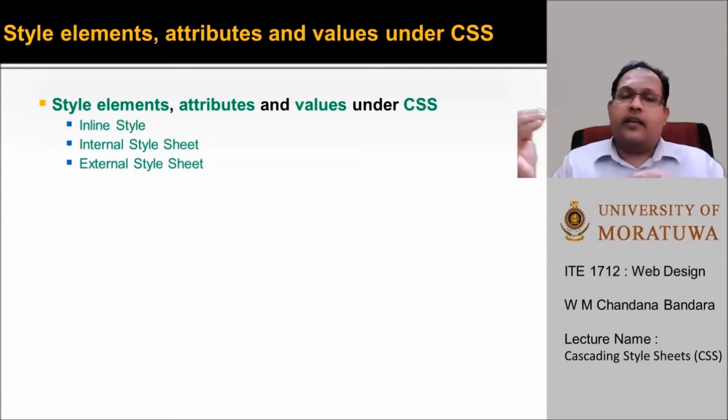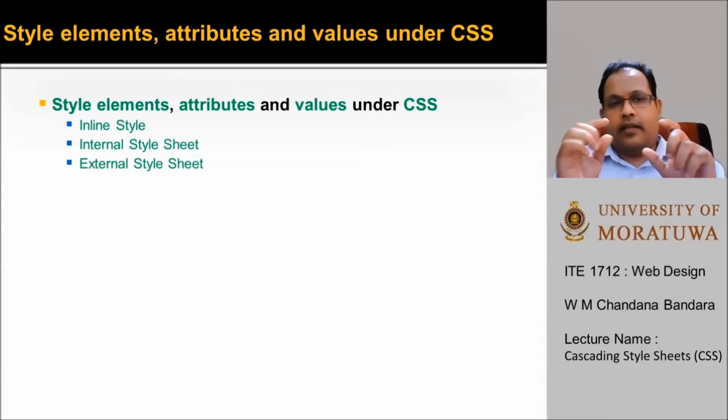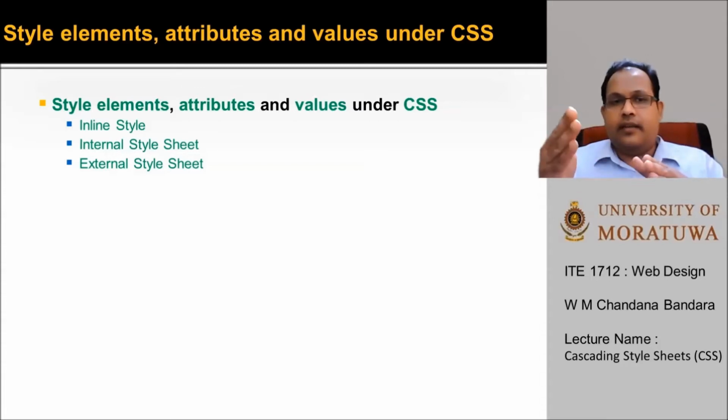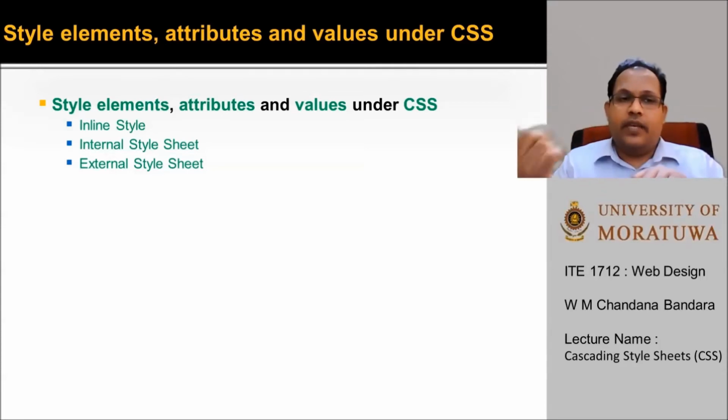That way, if for an example we define that the font color of the paragraphs should be blue, then all the paragraphs in the website will have the blue color text, because we refer this external style sheet in each of these web pages.